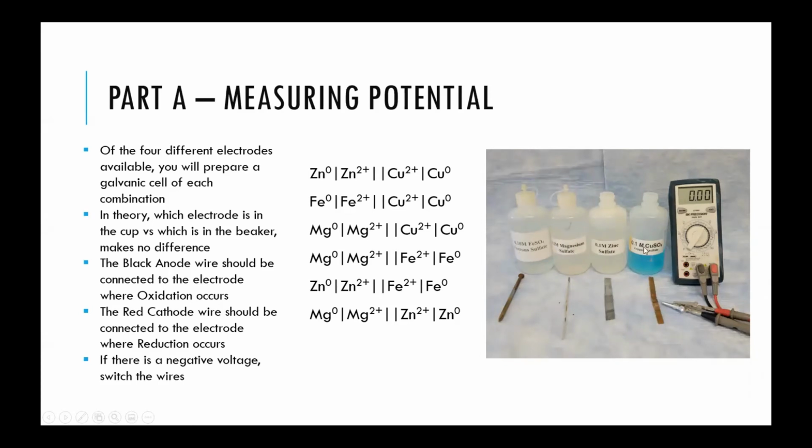So when you're preparing these, there will be these 4 different metals. The iron electrode is just an iron nail. The magnesium electrode is this small, thin ribbon of magnesium. The zinc electrode is a pale gray material, and the copper electrode is the copper colored piece of metal.